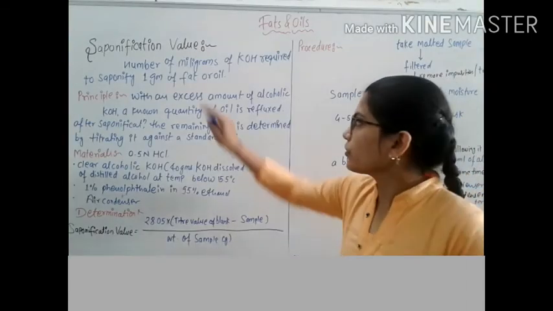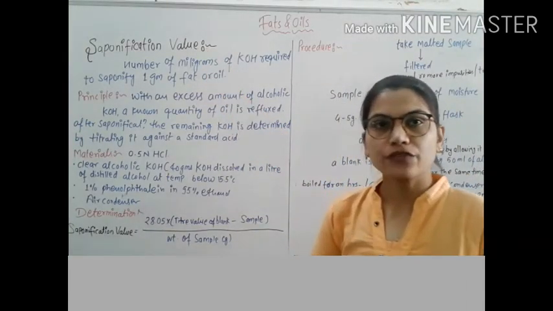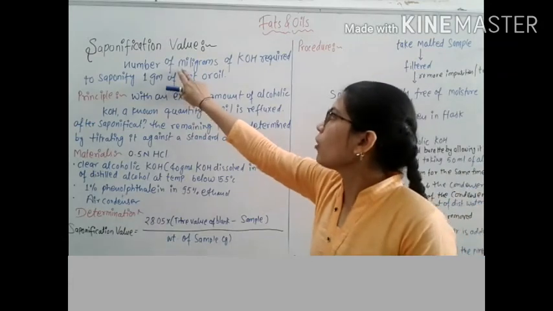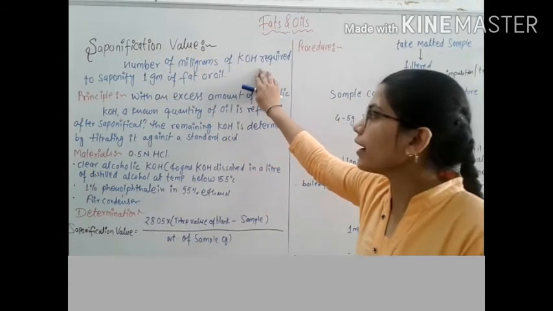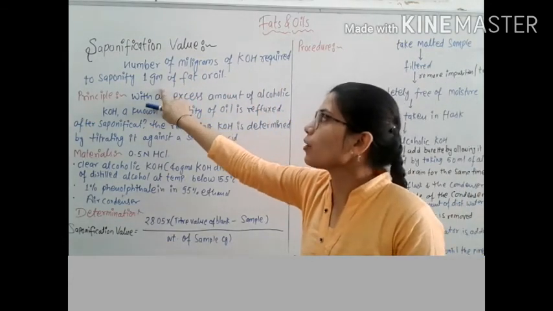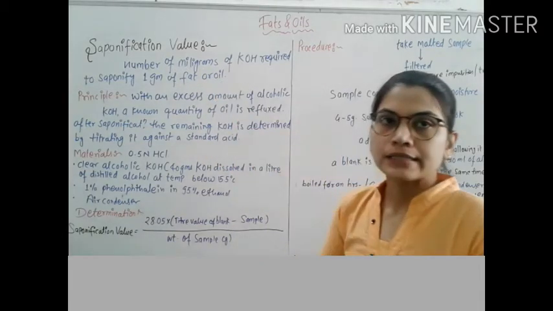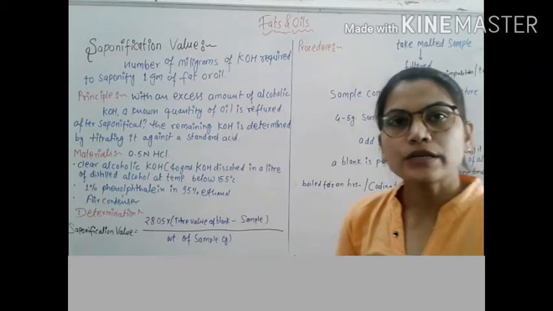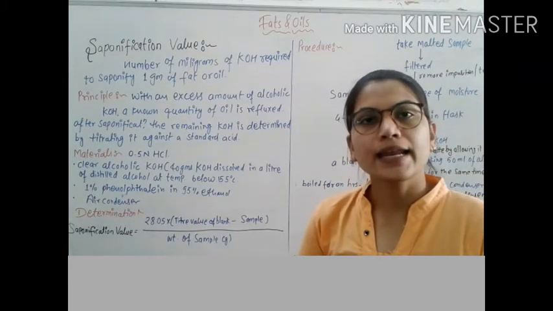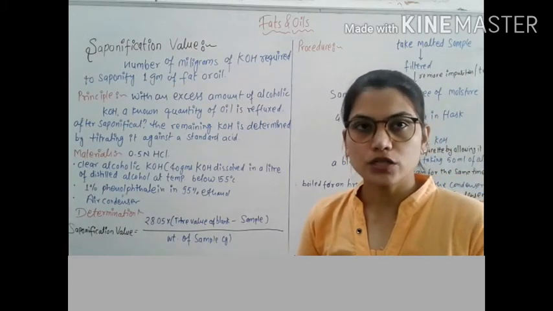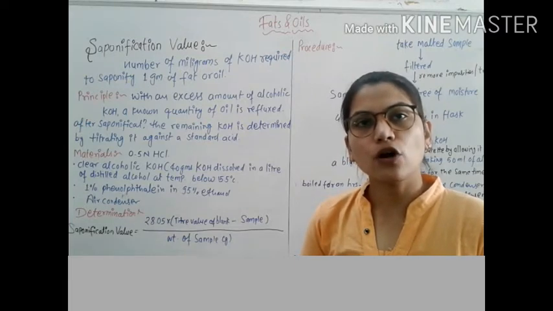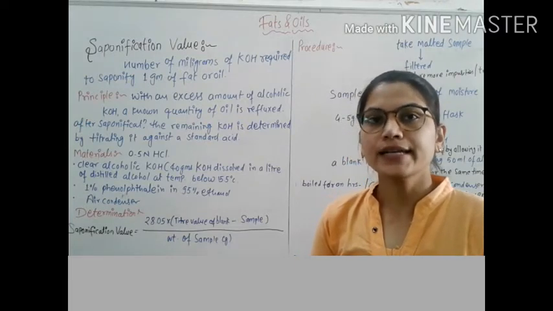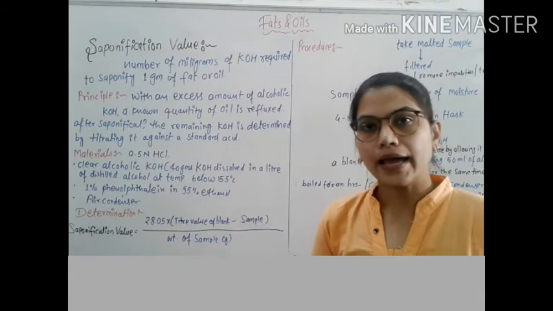Next point is saponification value. Saponification value is the number of milligrams of KOH required to saponify 1 gram of fat or oil. This value is used for comparative study of fatty acid chain length in oil. The process of saponification involves hydrolysis of fatty acid in the glyceride by an alkali.